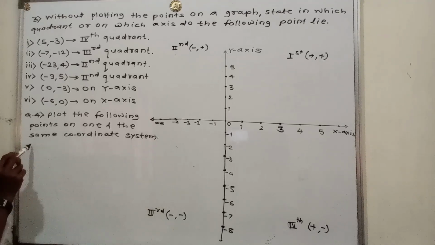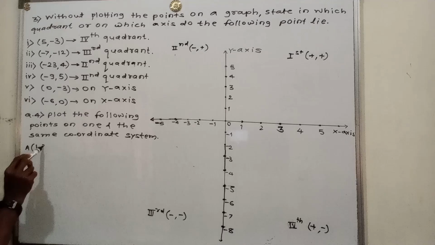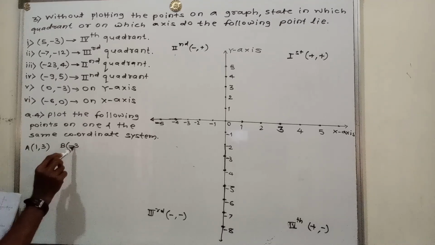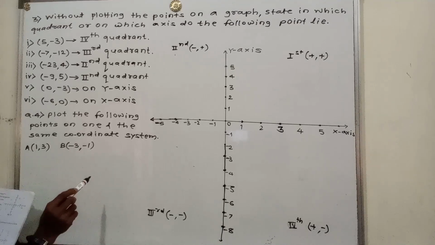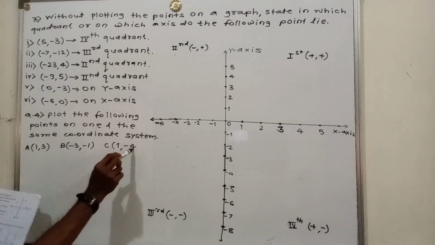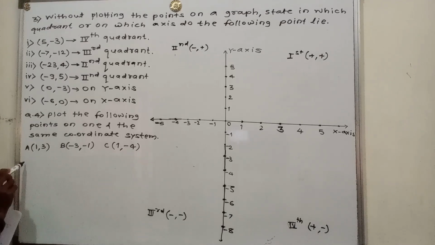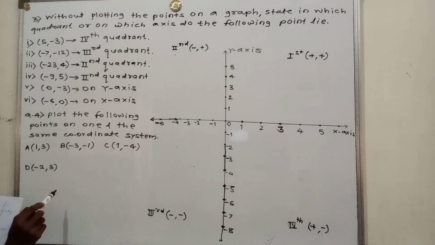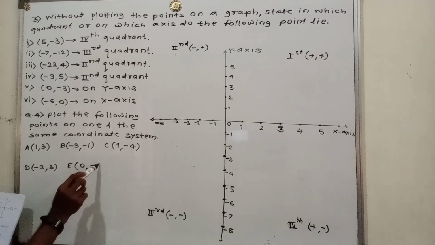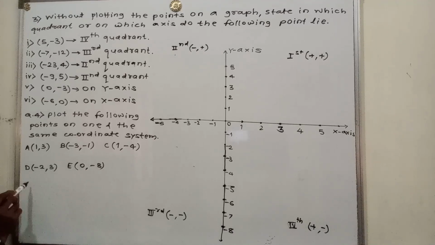See this, point A 1 comma 3, then B minus 3 minus 1, C 1 comma minus 4, D minus 2 3, E 0 comma minus 8, and F 1 comma 0.